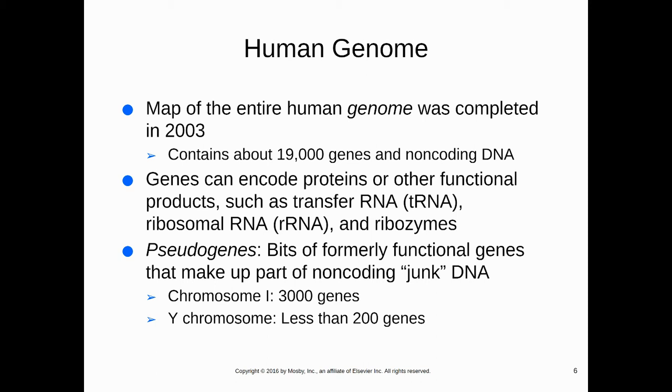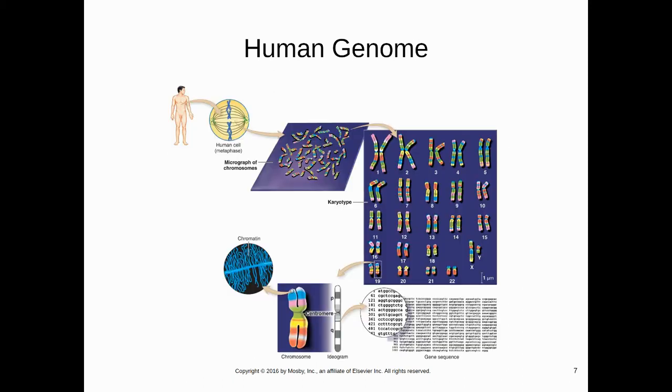So we also have pseudogenes, which are bits that we call non-coding junk DNA, but they used to be formerly functional genes. An example would be if you compare chromosome 1 to the Y chromosome, there's a lot of difference in there, and some of it's non-coding junk DNA. Okay.